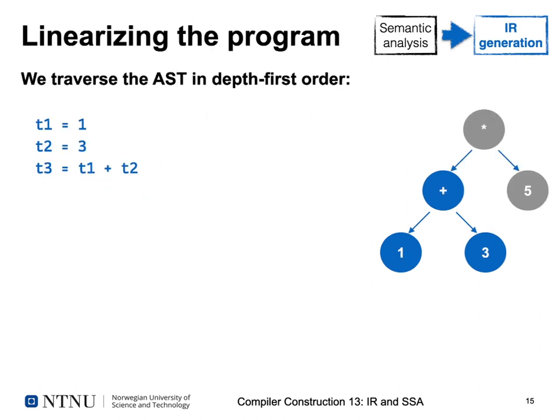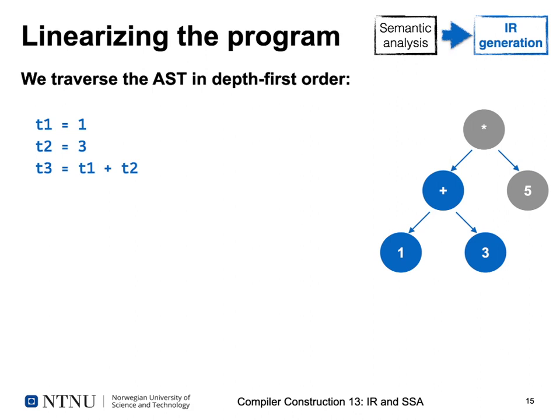So this is called linearizing our program, and we do this by traversing the abstract syntax tree in depth first order. So we start with our multiplication operation and then go depth first, and so finally we find an expression which has two numbers here as the leaves.